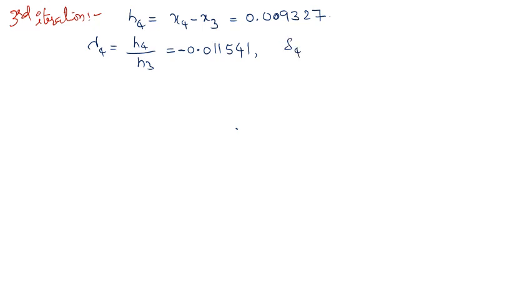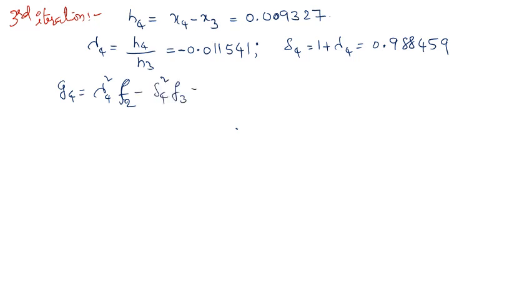Next one, delta 4 equal to 1 plus lambda 4, 0.988459, and the G4 value, formula: lambda 4 square into F2 minus delta 4 square into F3 plus lambda 4 plus delta 4 of F4.